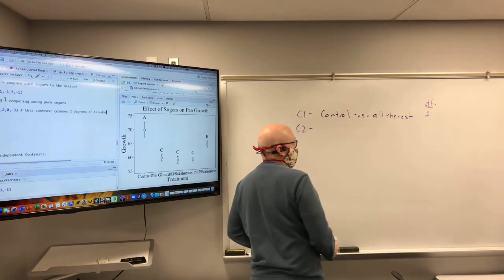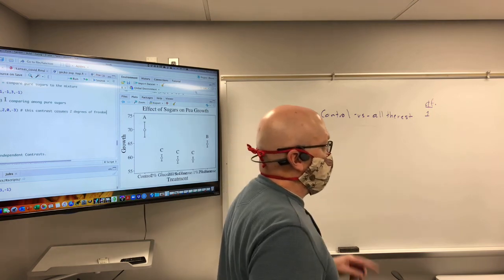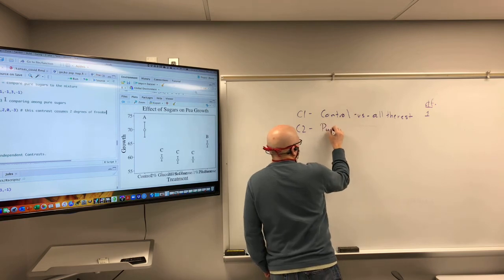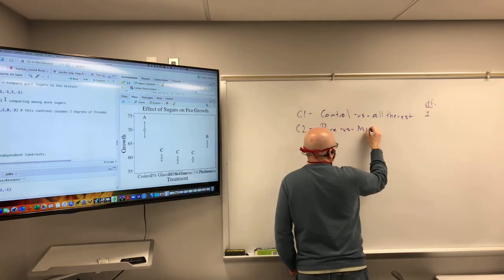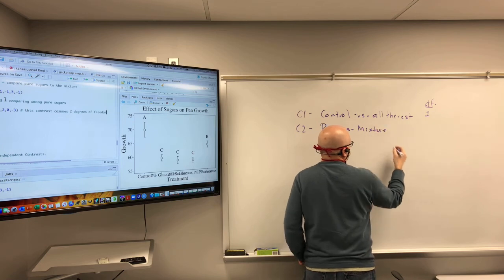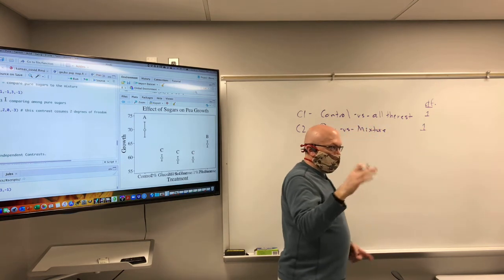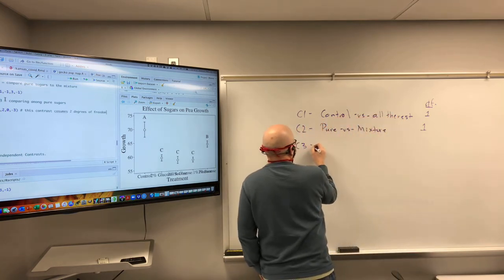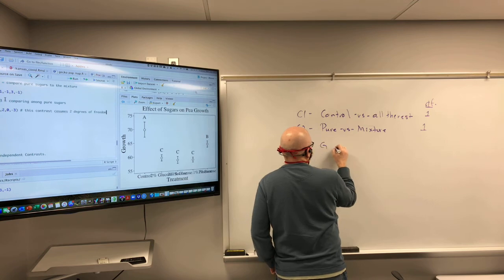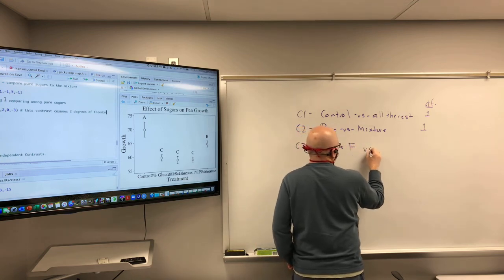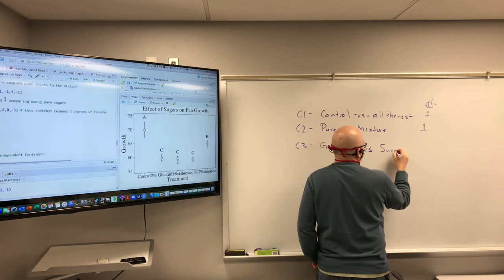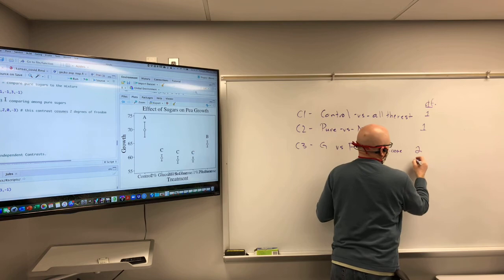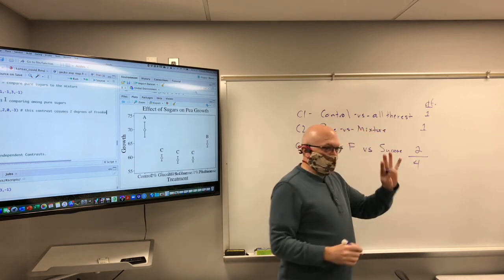Contrast 2 compares the pure sugars to the mixed sugars. Once again, pure versus mixed. But once again, because that's just 2 treatments, that's 1 degree of freedom. This third contrast compares glucose versus fructose versus sucrose. That's 3 treatments, which gives you 2 degrees of freedom. That's 4 degrees of freedom now.